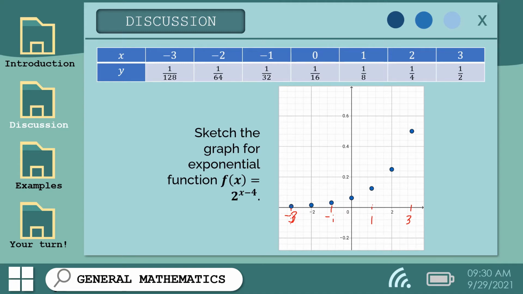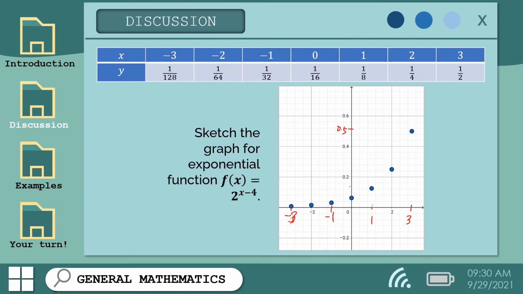Kapag negative 2 naman daw is 1 over 64. Yan. Kapag negative 1 naman daw, yan, 1 over 32. Yan. Kapag 0 is 1 over 16. Kapag 1 is 1/8. Kapag 2, we have 1/4. Then, kapag 3 naman is 1/2 or 0.5. Let's say, ito nga is 0.5.